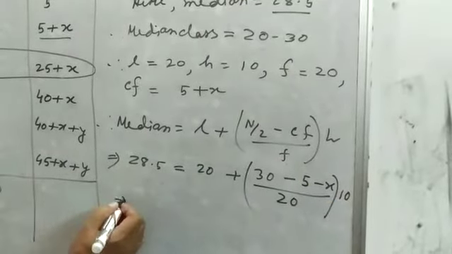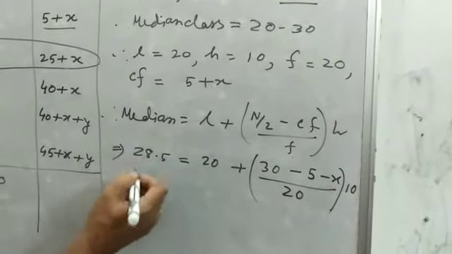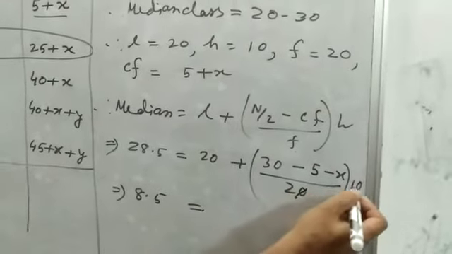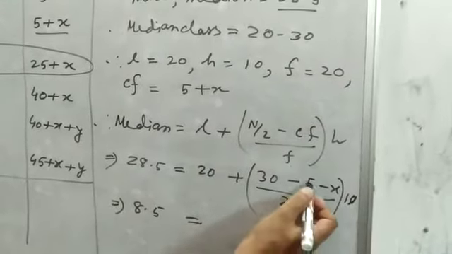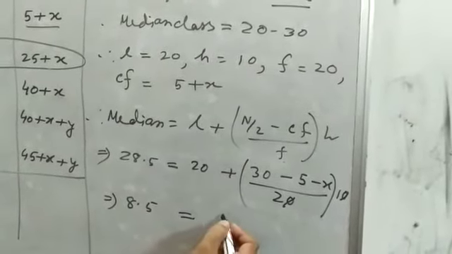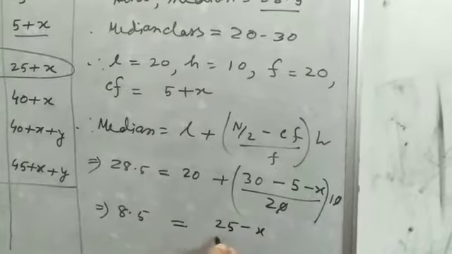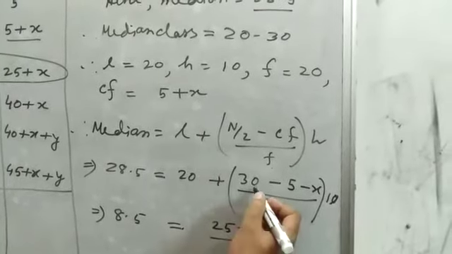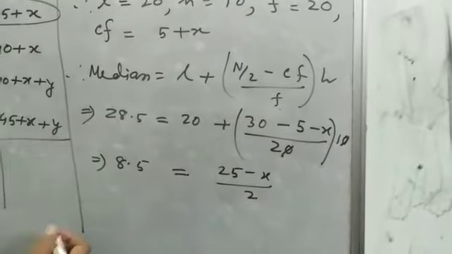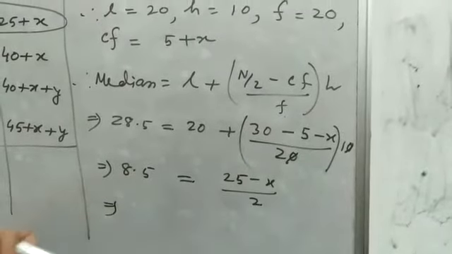Now we will simplify. This 20 is a separate term, so we transfer it to this side, then 8.5 is equal to. Then this and this we can cancel. Here 30 minus 5 is 25, so it is 25 minus x divided by 2. Now we solve this linear equation.